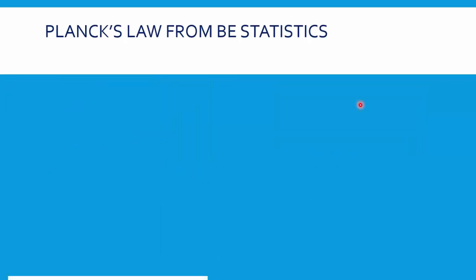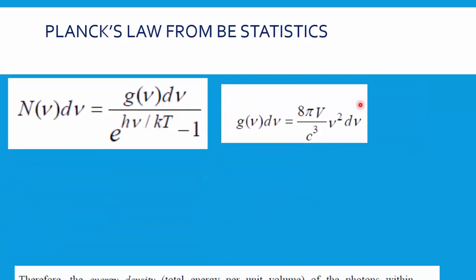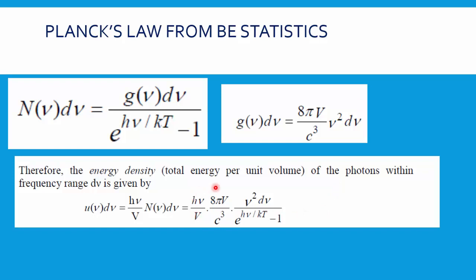After substituting the value of g nu, I get 8 pi V nu squared d nu over c cube, e to the power of h nu by kT minus 1.